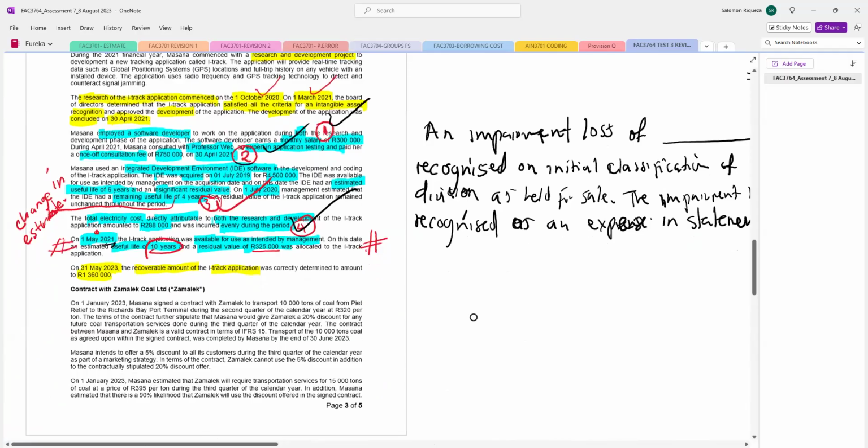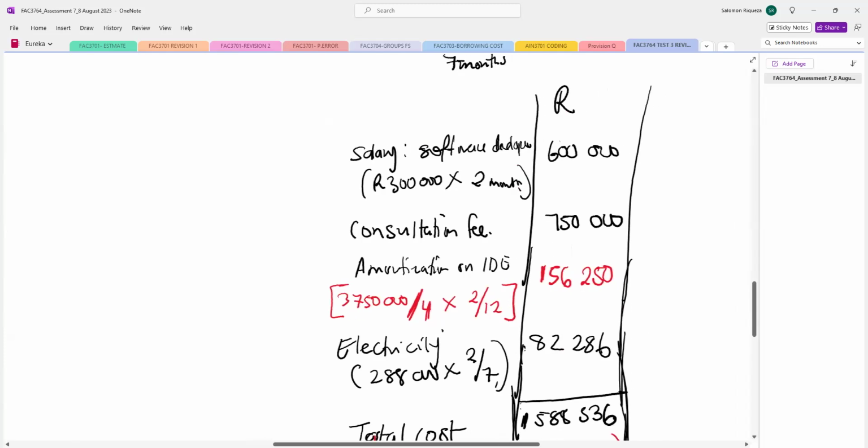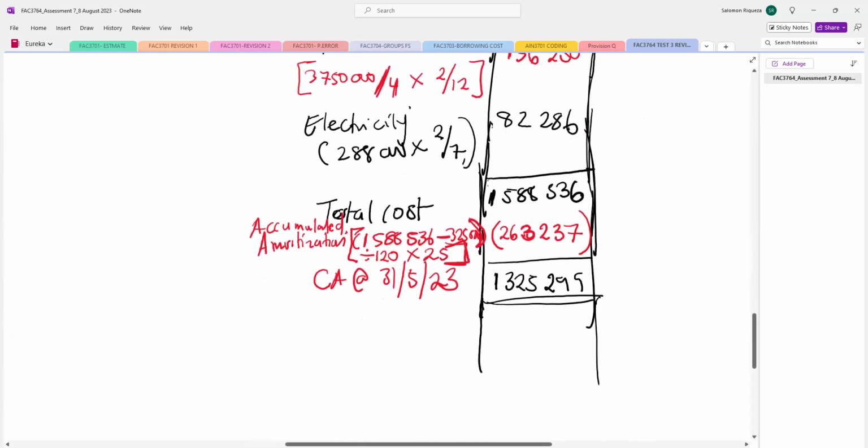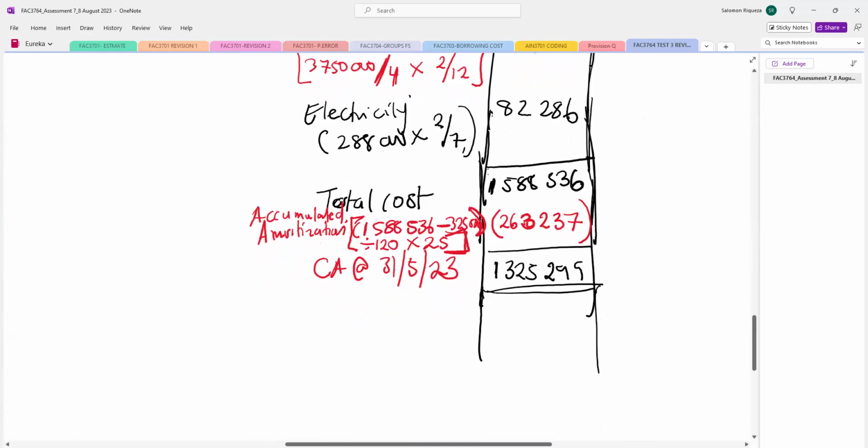They mention here that on the 31st of May, which is the date the asset was listed for sale, this iTrack application had a recoverable amount of 1,360,000. So it has an individual recoverable amount, so we can calculate individual impairment.